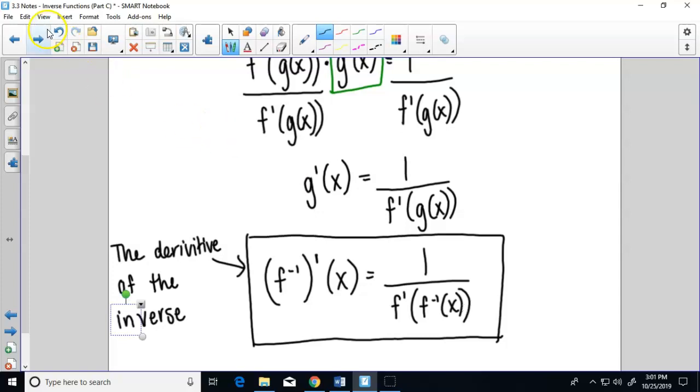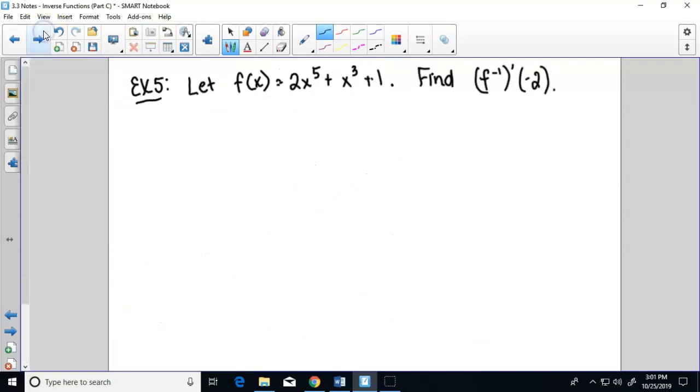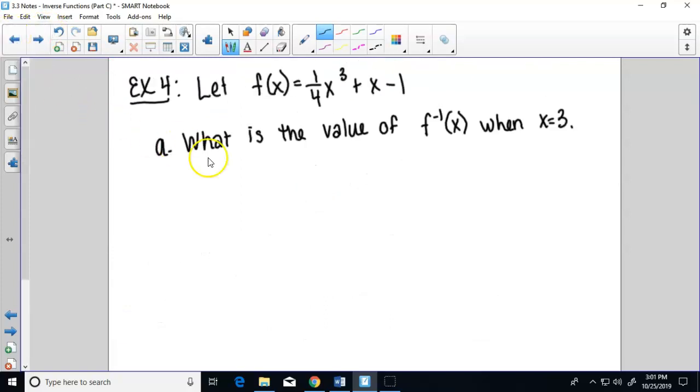So let's try to look at least one problem here, maybe two. We've got f of x equals 1/4 x to the third plus x minus 1.